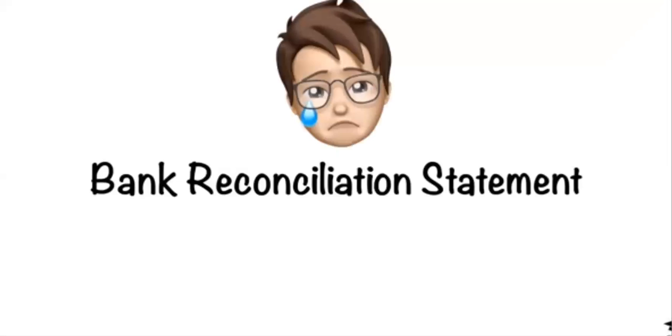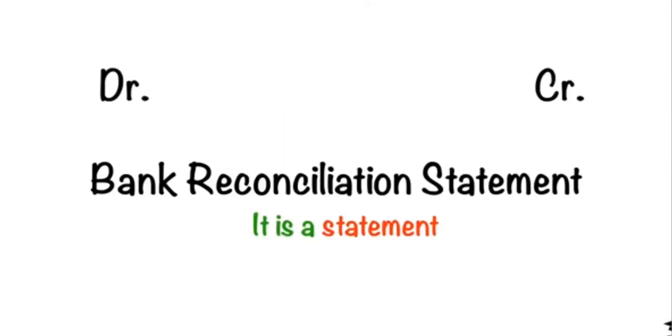So bank reconciliation statement is the statement prepared mainly to reconcile the difference between the cash book and the passbook. This is a statement, actually. It doesn't have debit and credit. It is a report.